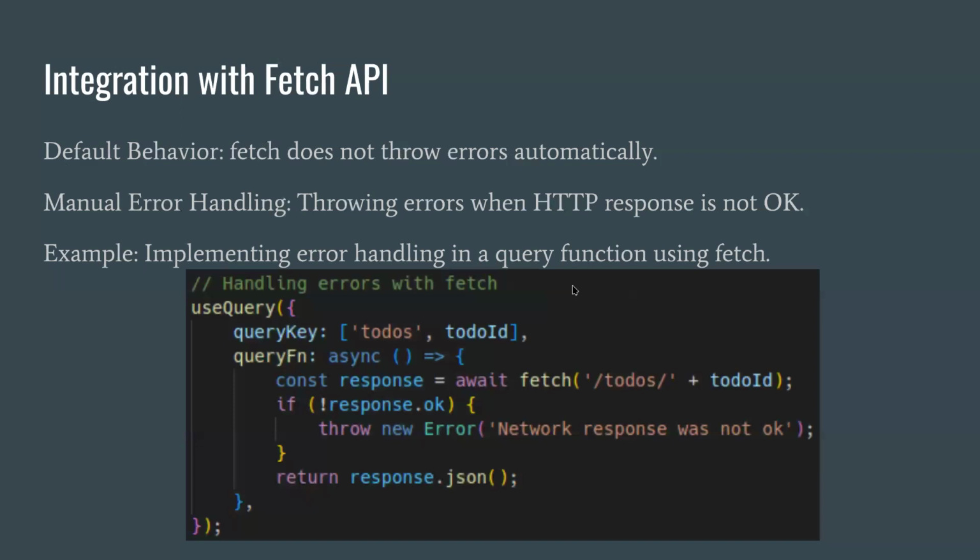So if you're using fetch, you need to manually check the response and throw an error if the HTTP response is not what you want. For this example, if its status is not okay, then it's going to throw an error.